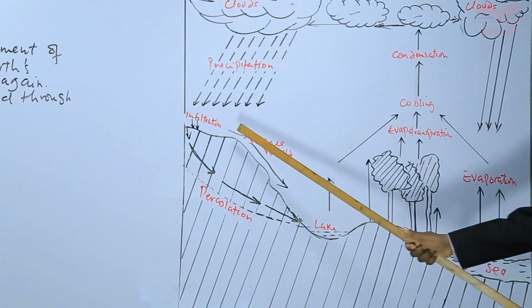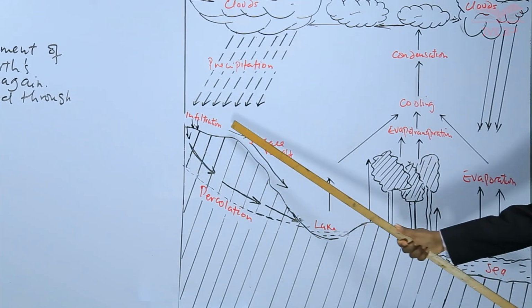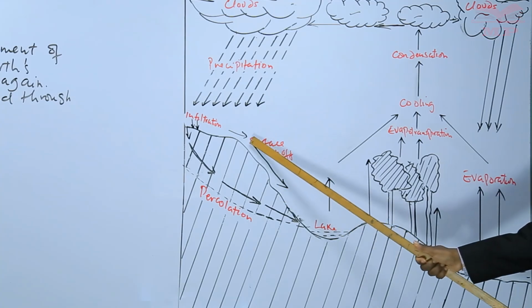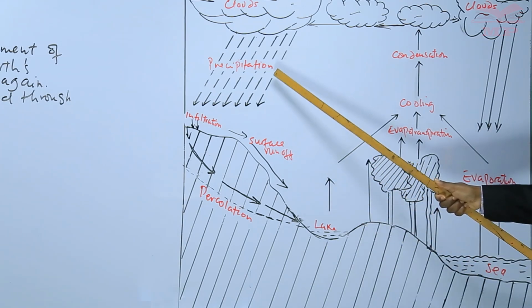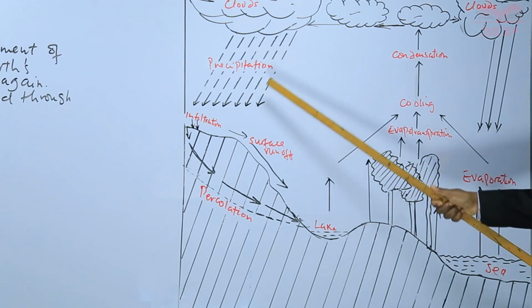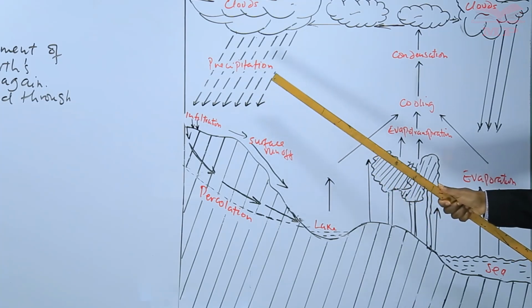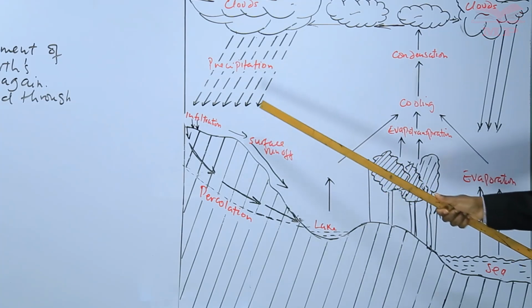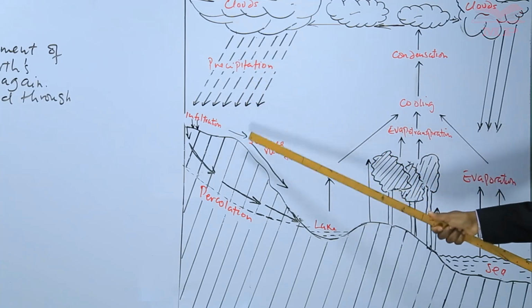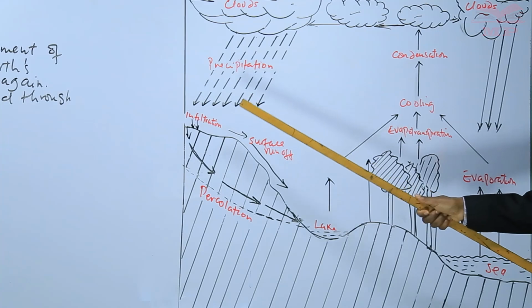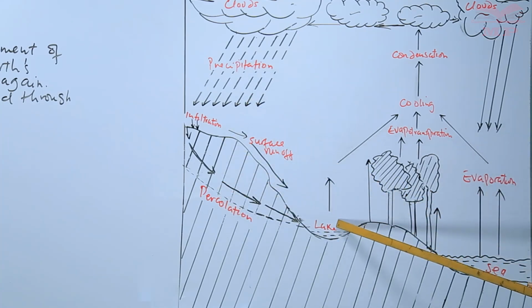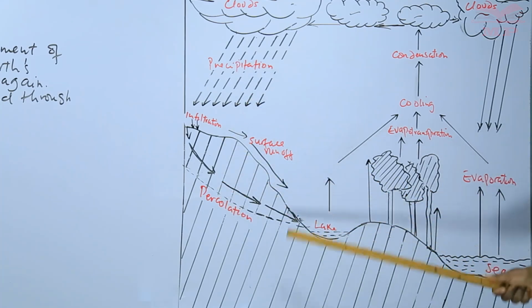Then there is water that infiltrates the ground. There is some water that runs on the surface of the earth. We are calling it surface runoff. Now, when precipitation reaches the ground in form of rain, some water flows from the surface into the valleys, into ponds, into lakes, learners, into swamps, and even into the sea here.